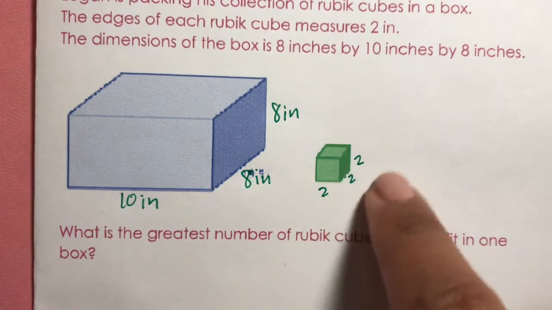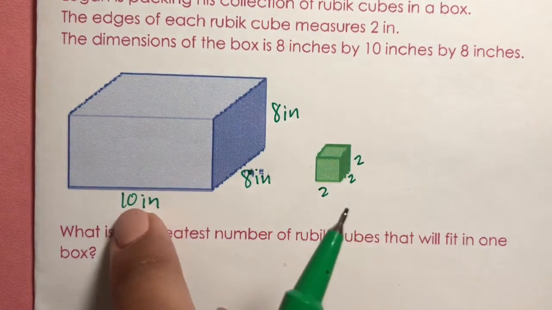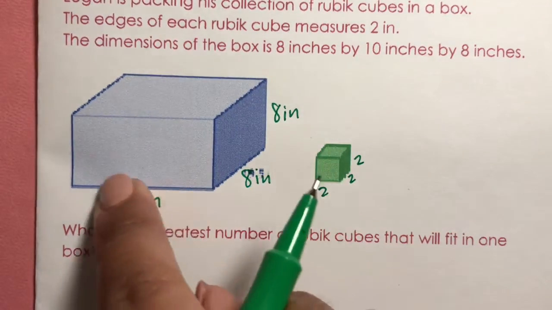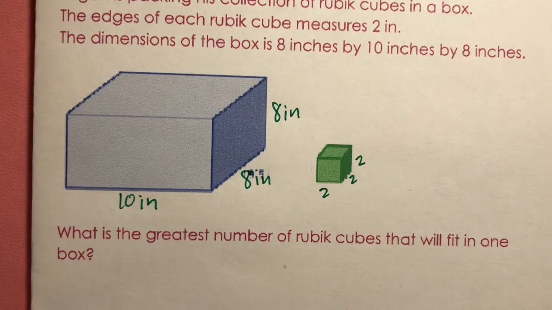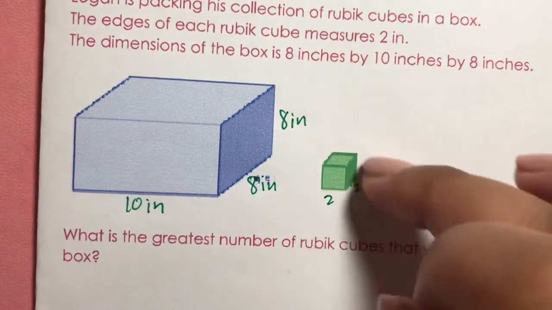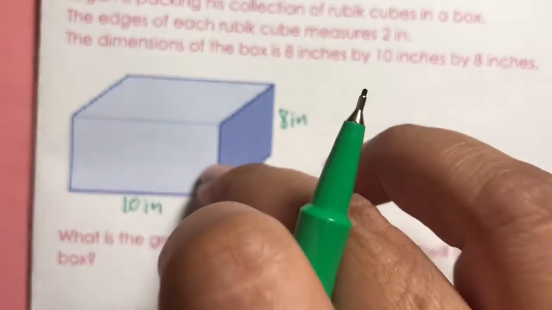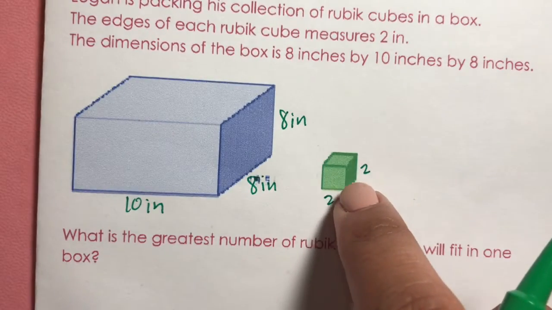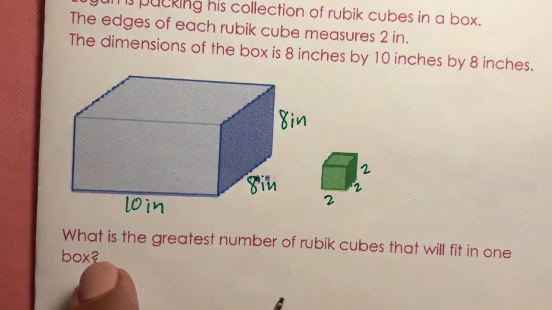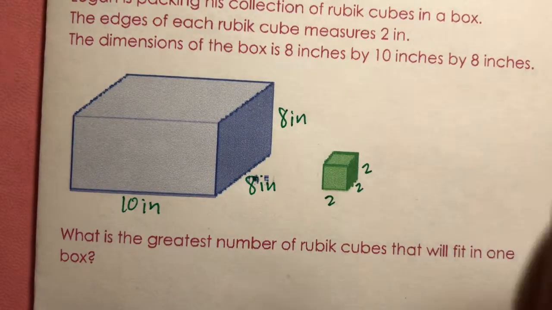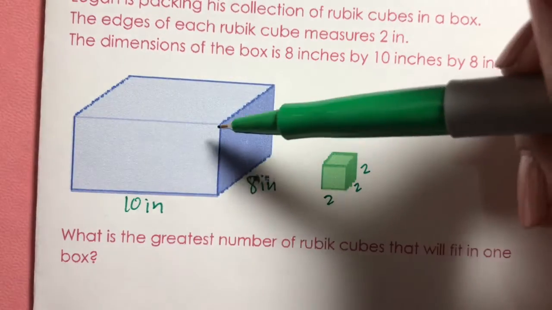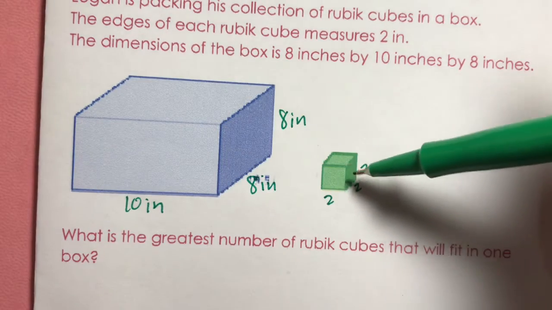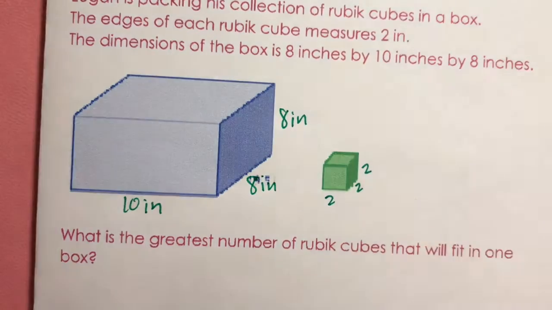We have to figure out the volume of this Rubik's Cube and the volume of this box, and then divide. I'm sorry, I'm getting tongue-tied here. The volume of this box will tell us how many Rubik's Cubes can fit in here. You'll see as we go through it.